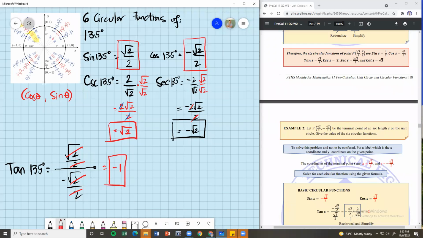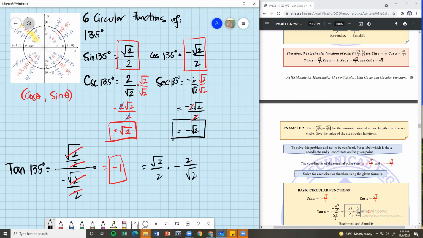Okay, let me see if we will do the long process, if we will have the same answer. Kung long process tayo, this will become square root of 2 over 2 times the reciprocal, which is negative 2 over square root of 2.